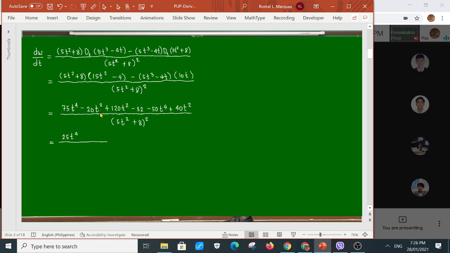Negative 20t squared, positive 120t squared, so that is 100, plus 40t squared, so all in all, 140t squared. Am I correct, guys? Okay, guys. Plus 8. Yan. Quantity squared.